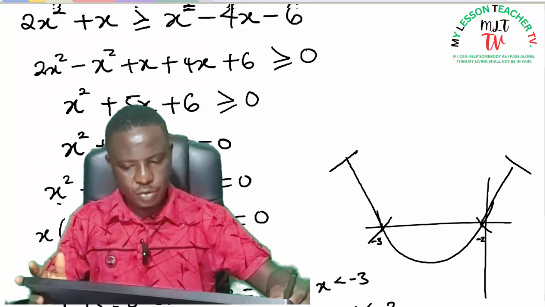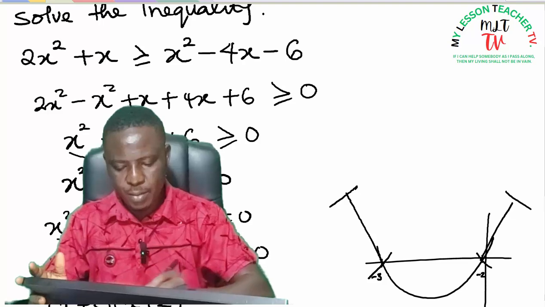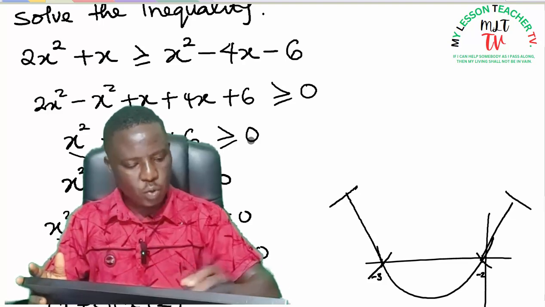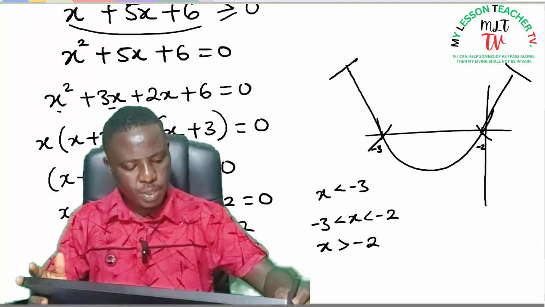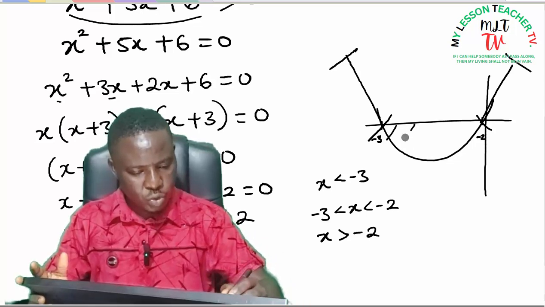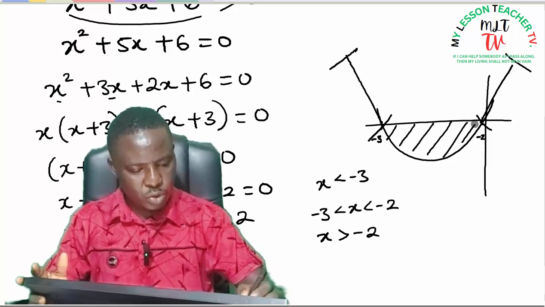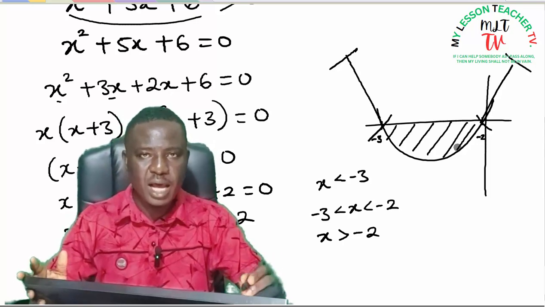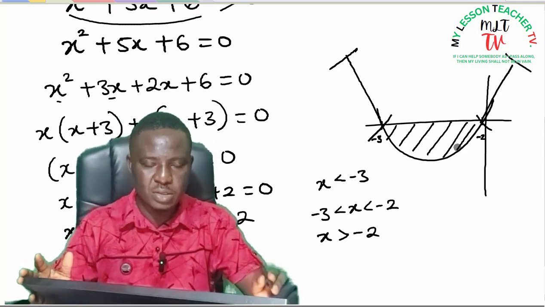So we are asked to find the region where this parabola is greater than or equal to 0. And just like I told you, region 2 is the region where the parabola is less than 0.